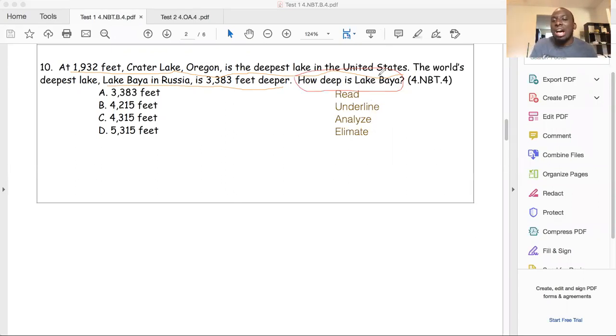Now I'm going to solve. If I look at this, I know that Lake Baya is 3,383 feet deeper than Crater Lake, which is 1,932 feet.